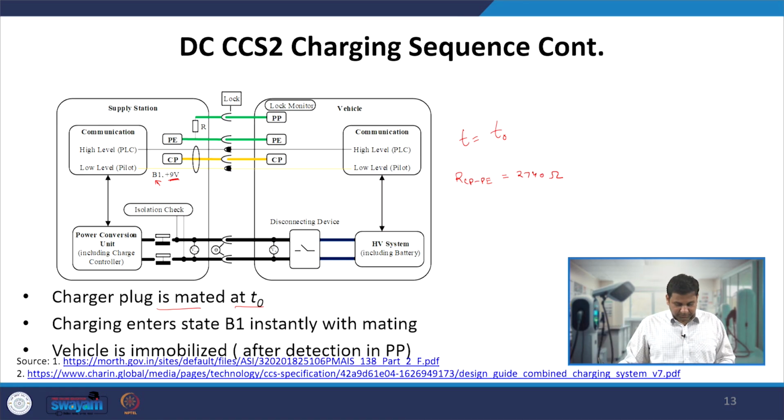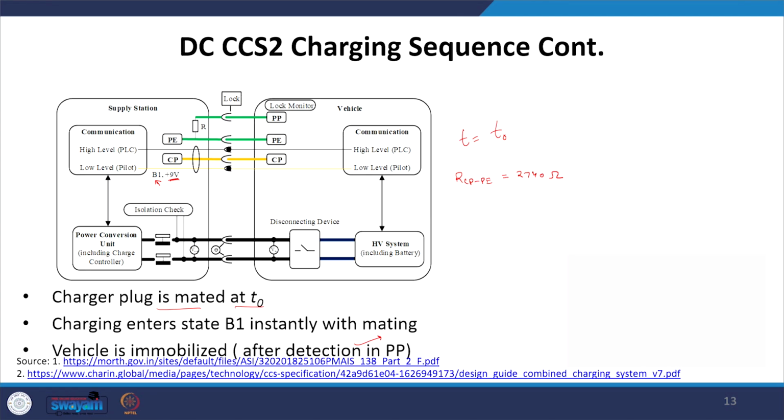And since this has been mated, the vehicle is immobilized, and that immobilization takes place after detecting the PP, after doing the detection in the PP line. So once the PP line is detected, the vehicle will get immobilized. That means all the motor control and the propulsion system get deactivated from the battery pack.